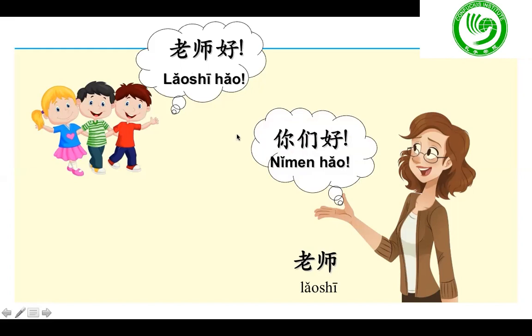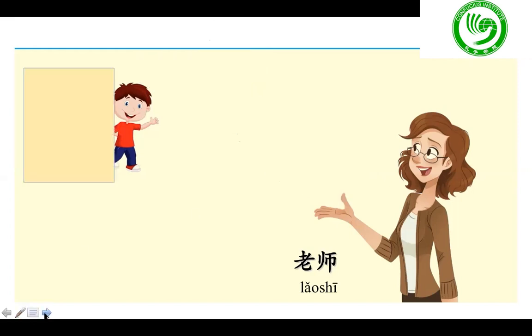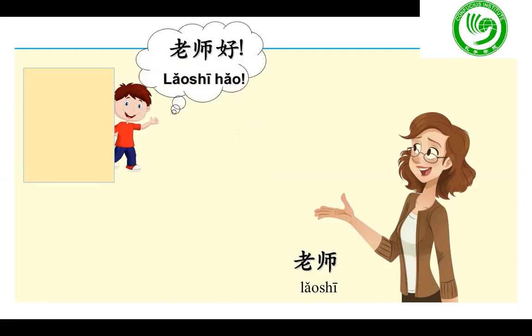Yes, so how to say hello to the teacher? How to say that? One more time, please. And the teacher says what? Okay. If there's only one kid, he still says 老师好.